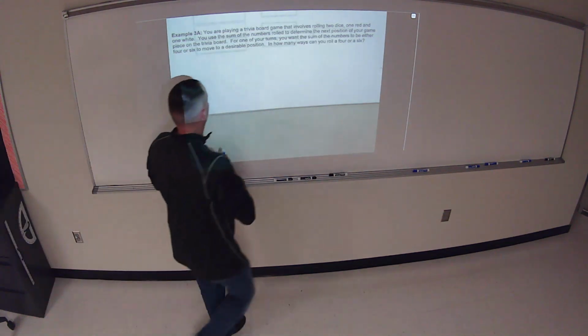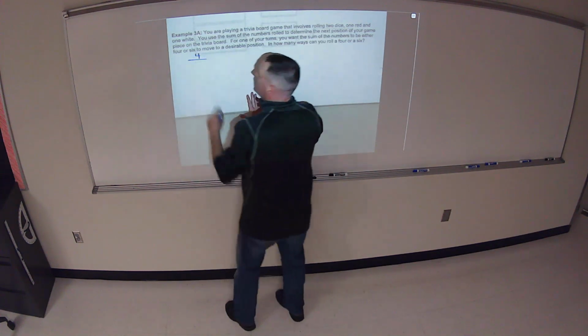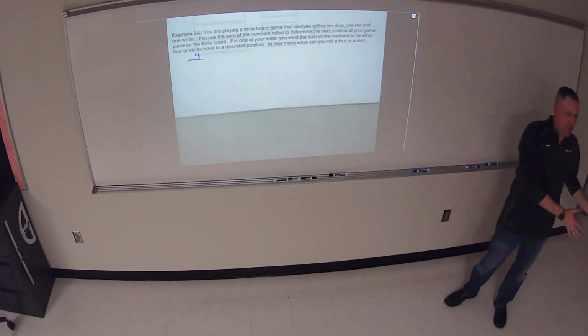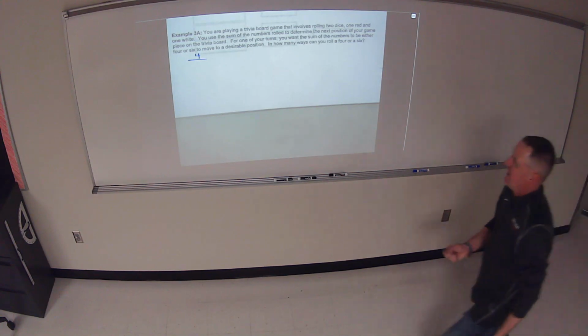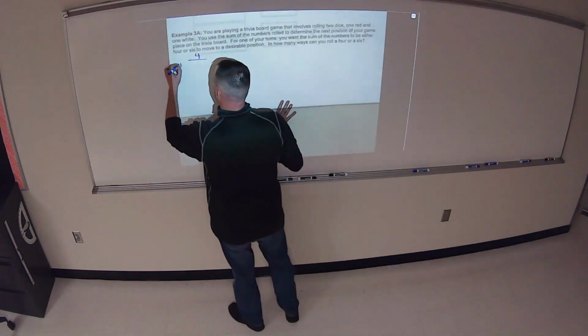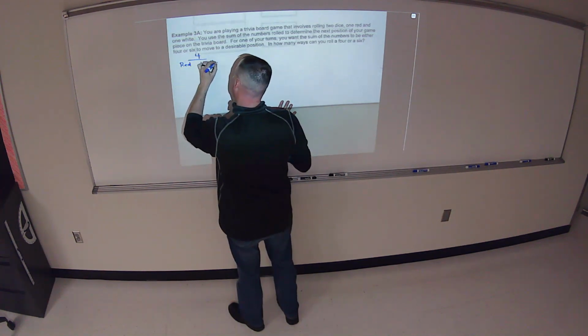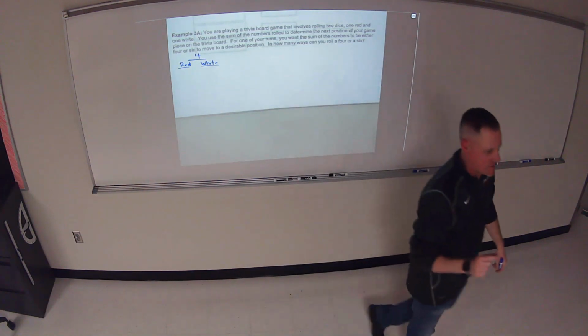So, let's start with our 4. In what ways on dice can I roll a 4? Again, we're going to do this because sometimes it's easier for people to think red and white. We'll list the red one first and the white one second, but it really doesn't matter. So if I have my red die here, and I have my white die here, somebody tell me what's one way that I could roll the red die and the white die and end up with 4.